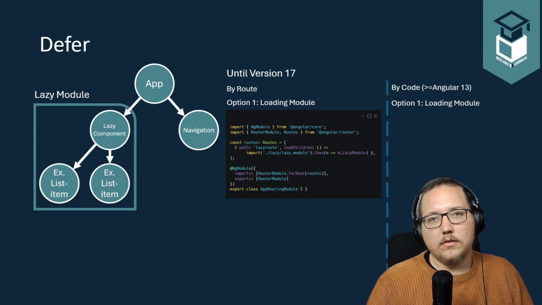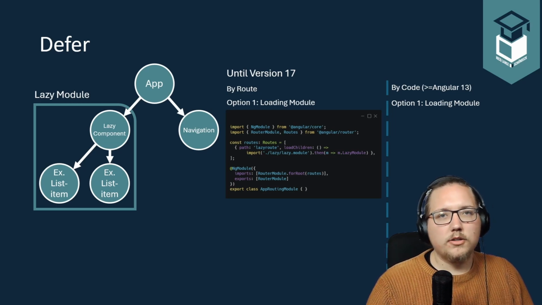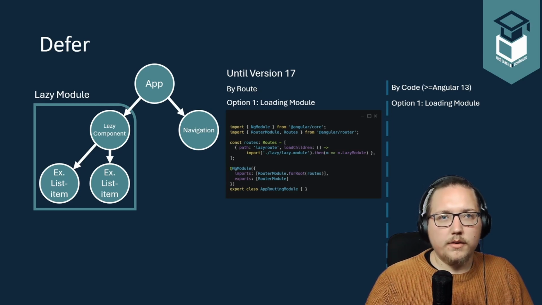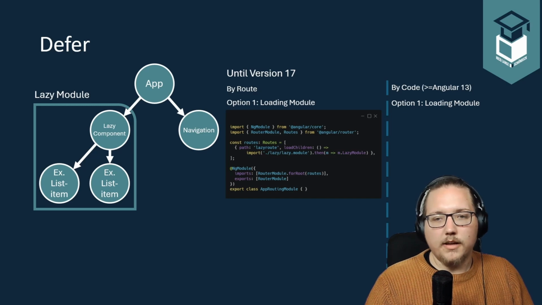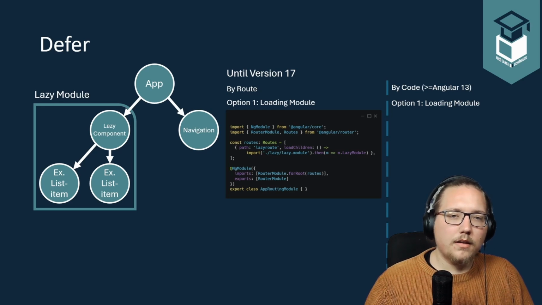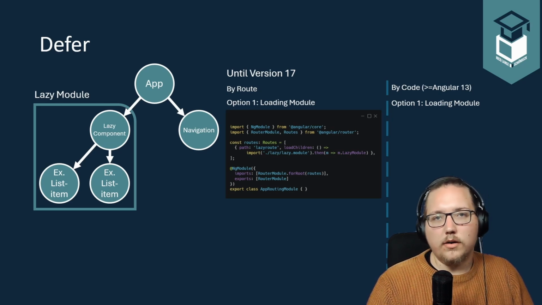That also contains a loadChildren function that tells Angular that it should import a module and load it into the Angular application. And that's all. Angular will then make a separate lazy module bundle out of the main bundle and will load that if the user visits the lazy route.